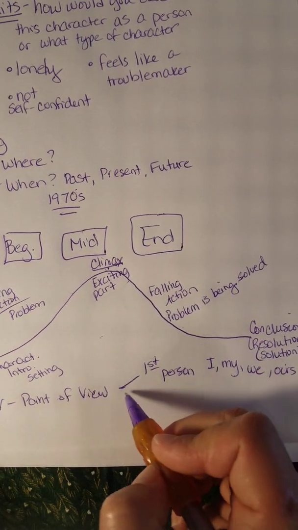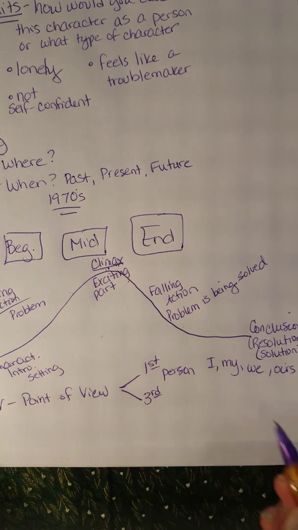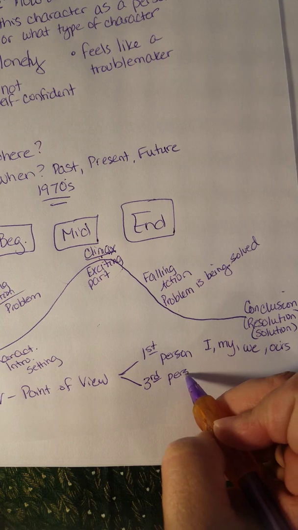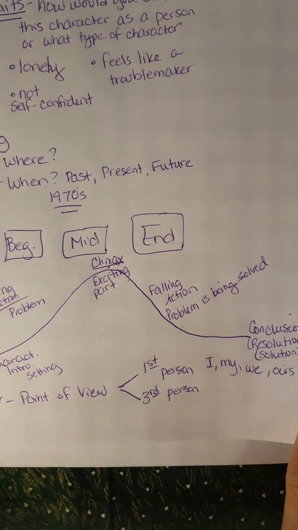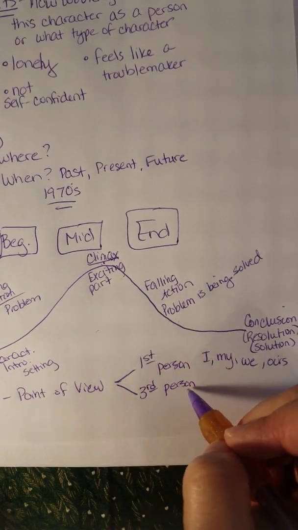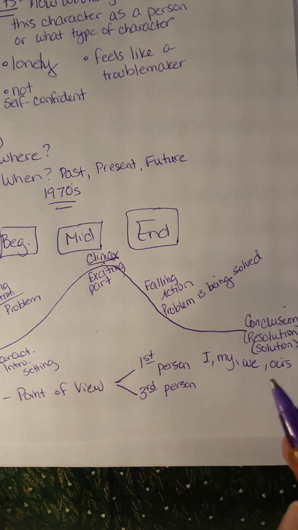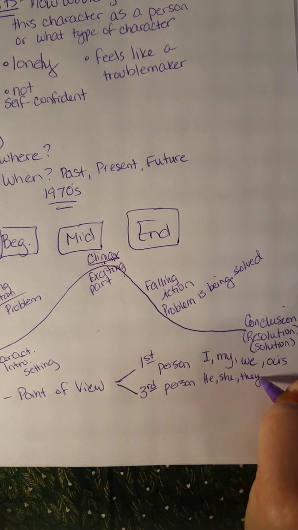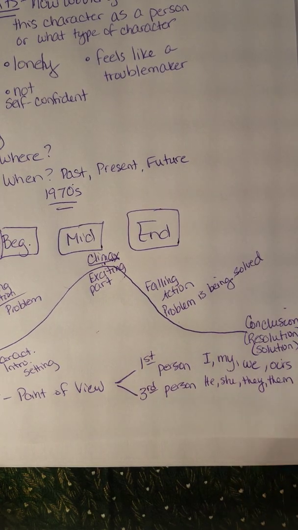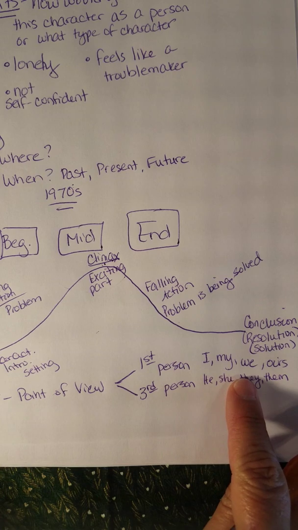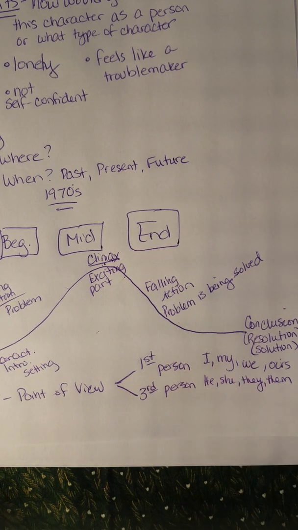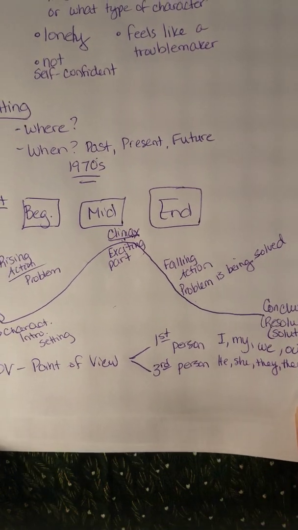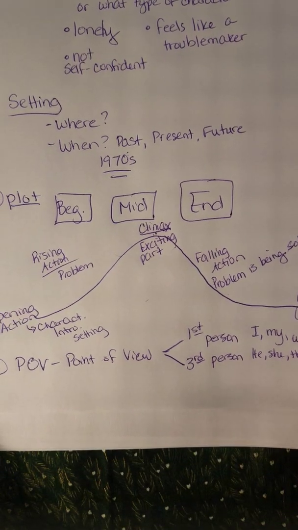Then if it's third person, those are the two that we really focus on in fourth grade. Third person, then that is being told by an outsider, somebody who's outside the story, and they are going to say he, she, they, them, etc. Okay, the narrator of the story is going to say that. The narrator of the story in a first-person story is going to use I, my, we, ours, and really let us know that they are telling the story from their point of view.